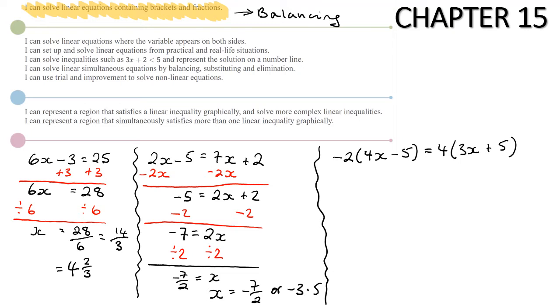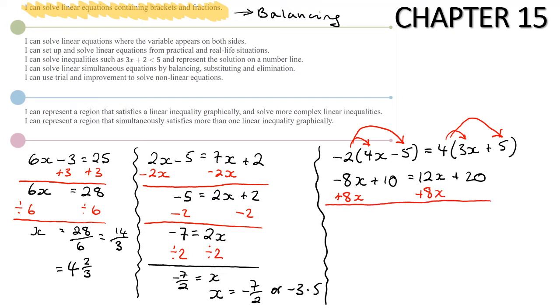So expanding the brackets first is going to give us, let's put the arrows in to show where we're expanding, negative 8x plus 10 equals 12x plus 20. Because I want to keep the x's positive, I would add 8x to both sides rather than take away 12x from both sides. That keeps the x's positive, just makes things a bit easier.